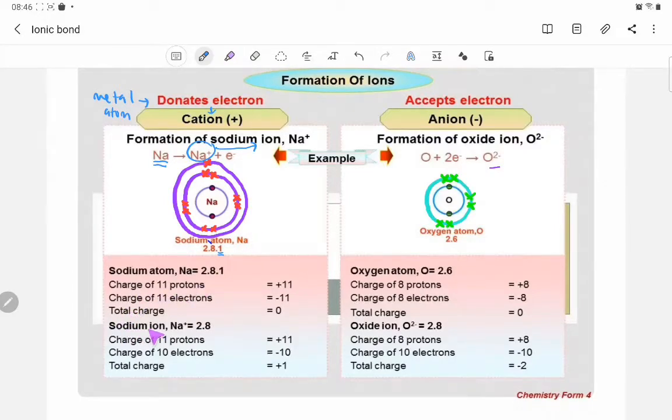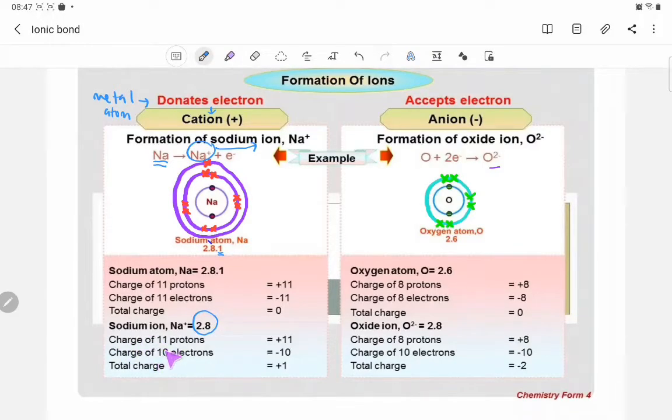But why does sodium ion have a positive 1? As you can see here, the electron arrangement for sodium ion is 2.8, which means that there is a decreasing number of electrons in sodium ion compared to sodium atom.